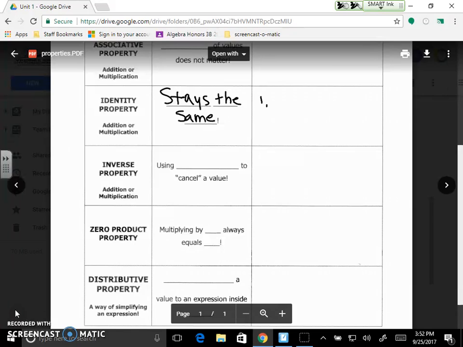An example would be, I'm going to say A plus 0 equals A. Start with an A. I add nothing to it or a 0 to it, and it's still A. The second one, we're going to say A times 1. It still equals A.